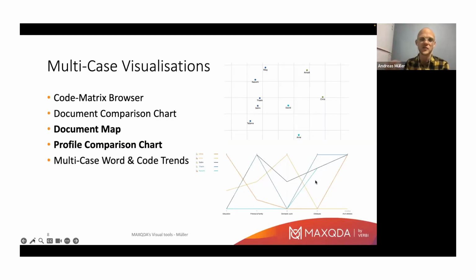So you can use this to try and spot connections, especially between codes and variables. It's often interesting to pick a variable where you think it might impact the codes so that you can then see, are there similar patterns? Do people who have a lot of domestic work say very little about childcare?